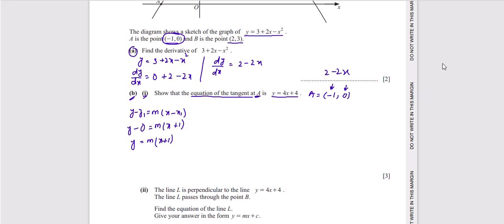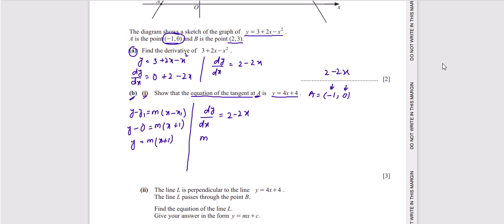Now we have to find the value of m. To find the value of m, we should take the derivative. This derivative is called m. dy over dx is equal to 2 minus 2x. The first derivative of the equation is called m.